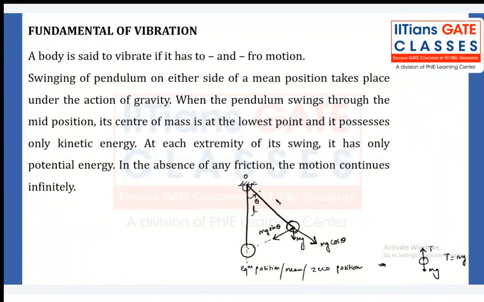Mg cos theta will pass through the center O, so it will not create any torque. But mg sin theta into L will create the restoring torque.